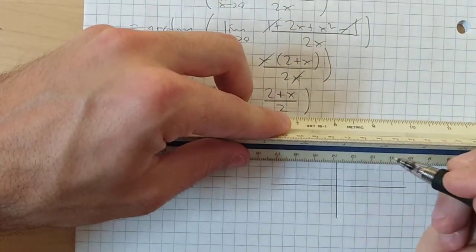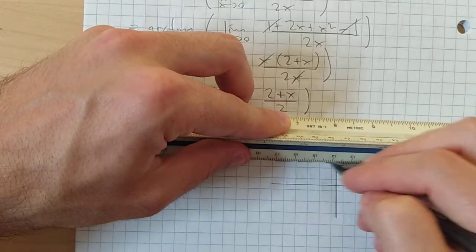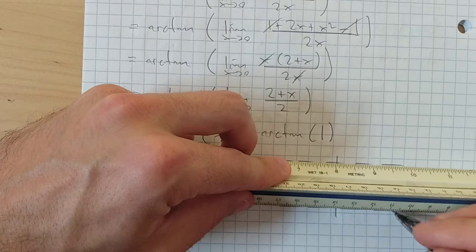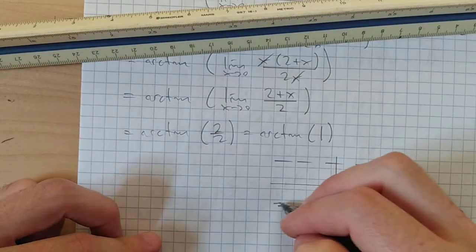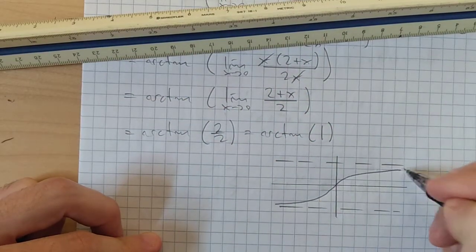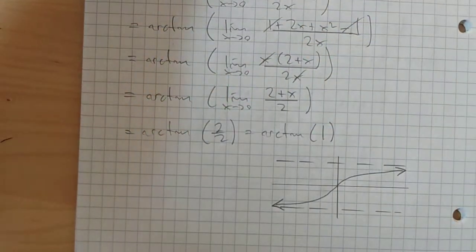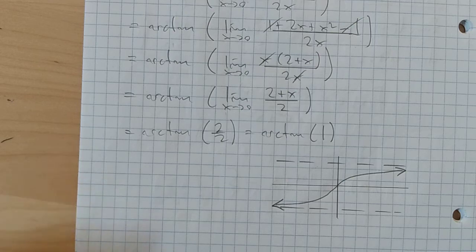It's got these two horizontal asymptotes, goes like this. And actually, arctan is continuous everywhere on the whole real number line.